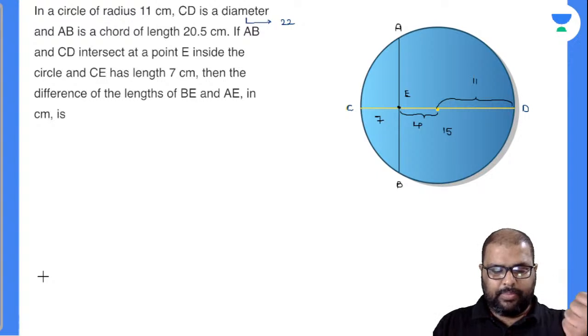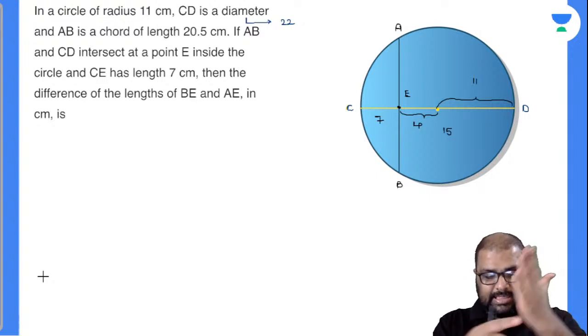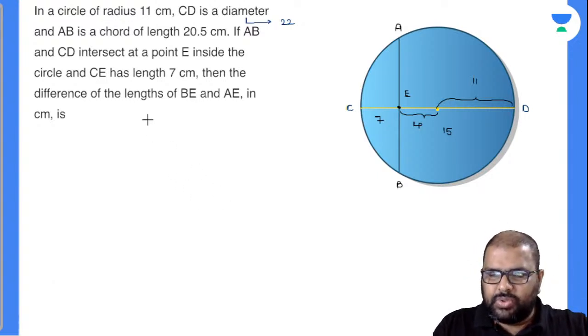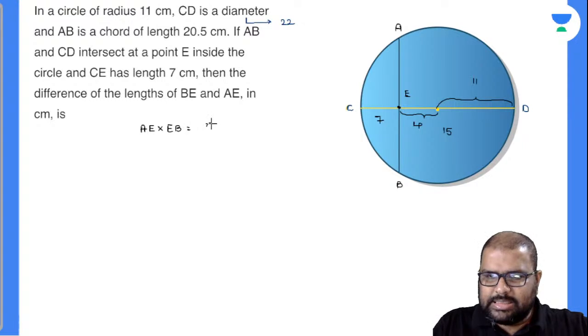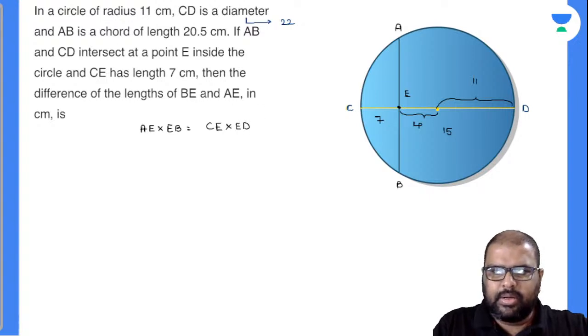According to the secant properties, when they intersect inside a circle, AE into EB is equal to CE into ED.